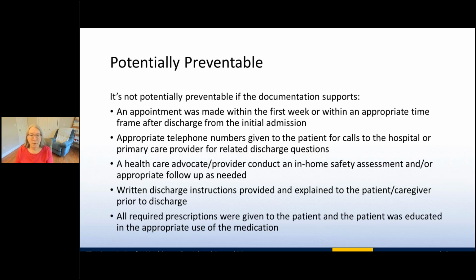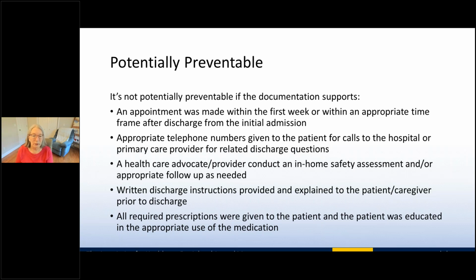Let's talk about potentially preventable, and that really goes to your discharge planning, your discharge plan. Was the patient stable? Were they not discharged too early, appropriate to be sent home safely or to whatever the next level of care is? So what we want to be looking for when we're arguing that this readmission was not potentially preventable by the provider is that we made all the appointments for the patient to follow up within the first week or with an appropriate time frame from discharge from the initial admission.